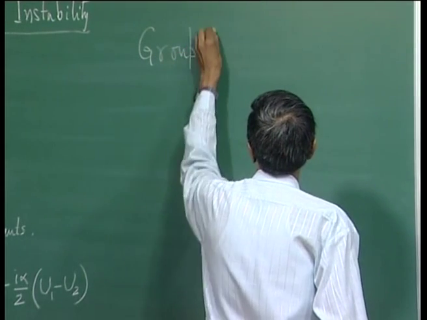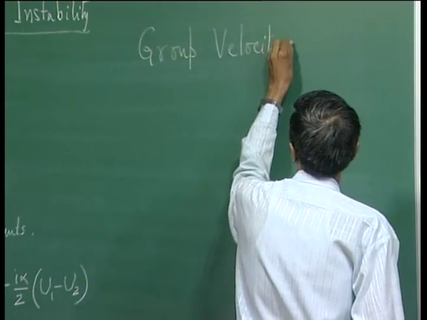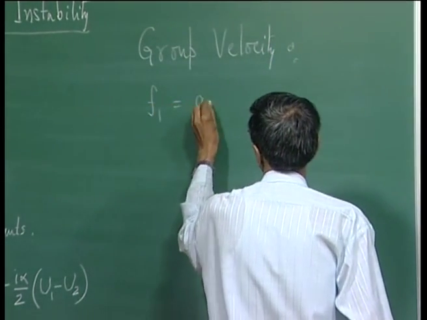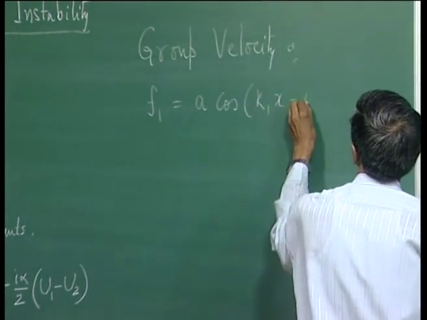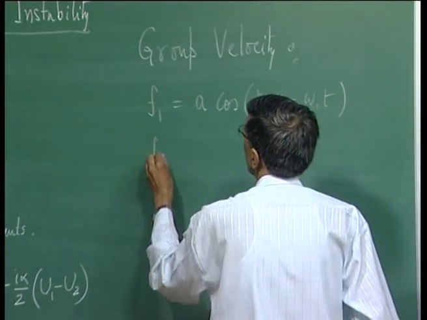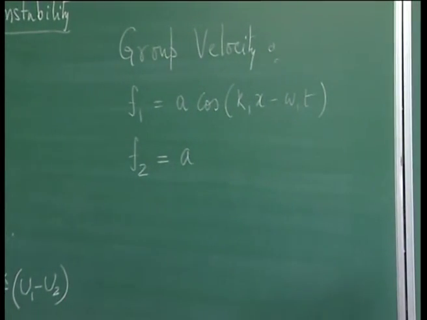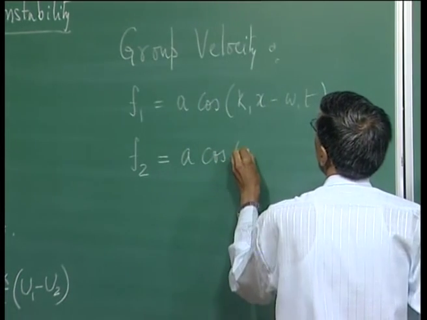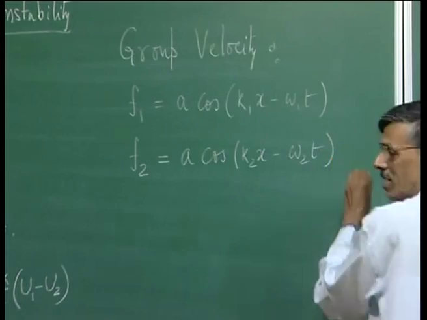So, to demonstrate this group velocity idea, let us say we have two functions, f1 equals a cos(k1 x minus omega 1 t), and let us look at similarly another function which has almost the same amplitude. So, we will take it as a itself. Then we will get it like this.